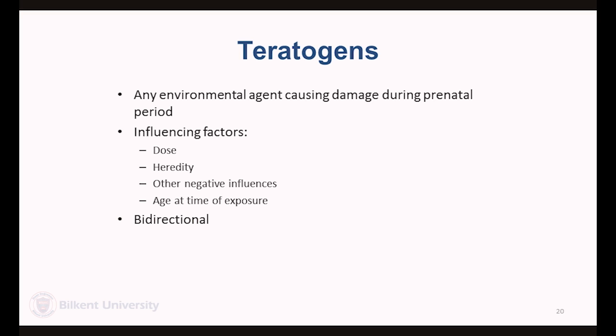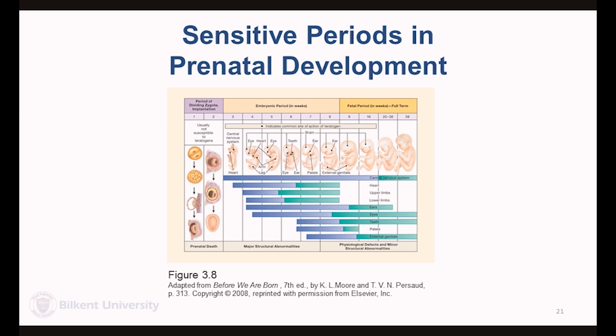Now we're going to talk about different types of teratogens. We know that there are different periods of sensitivity in the fetus's development where they might be affected more in one aspect than the other. And this graph from your book, Figure 3.8, nicely demonstrates that.